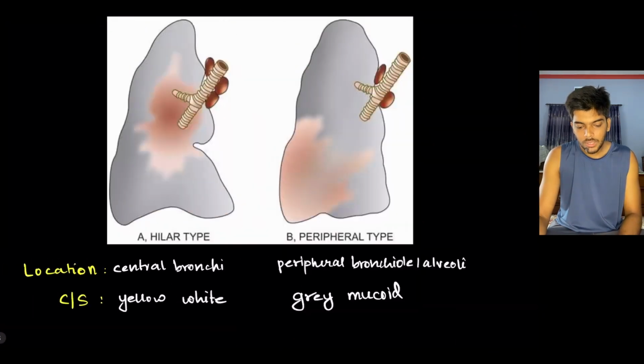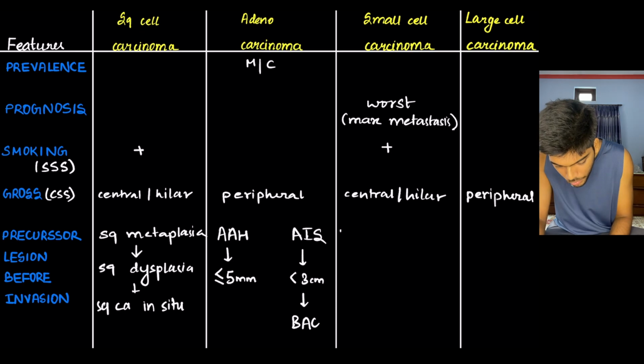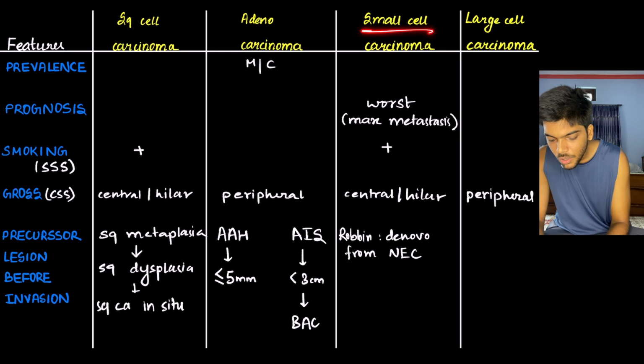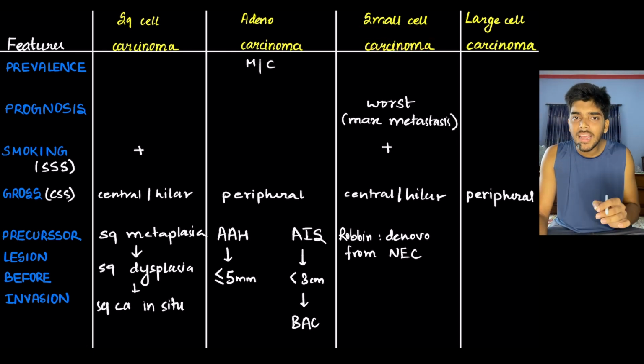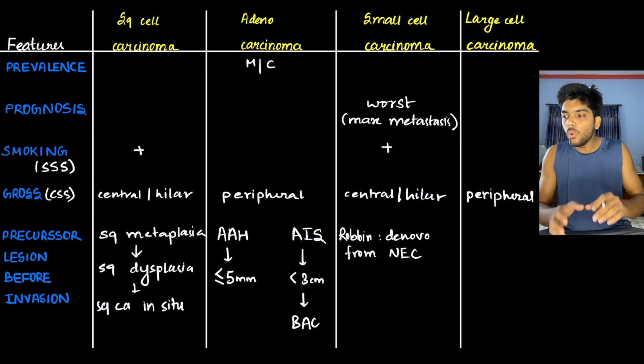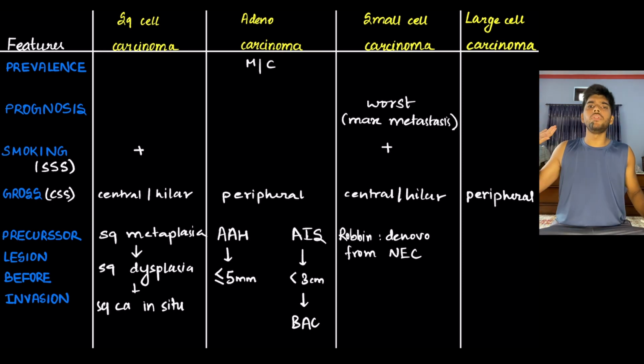Okay. Precursor. Third, small cell carcinoma. According to Robbins, small cell carcinoma arises de novo from neuroendocrine cells. See, small cell carcinoma is a neuroendocrine tumor, and I've already taught neuroendocrine tumor in detail under carcinoids, under GIT pathology. The advantage of knowing neuroendocrine tumor beforehand is that the basic characteristics of neuroendocrine tumor are the same for all types of neuroendocrine tumor.